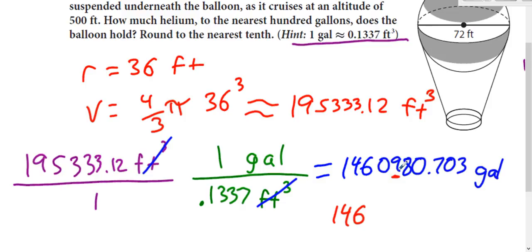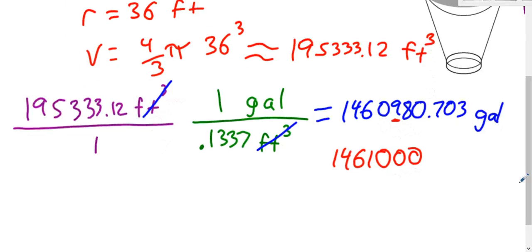The 0's going to round the 9 up. So rounding to the nearest 100 actually rounds us up to 1,461,000 gallons.